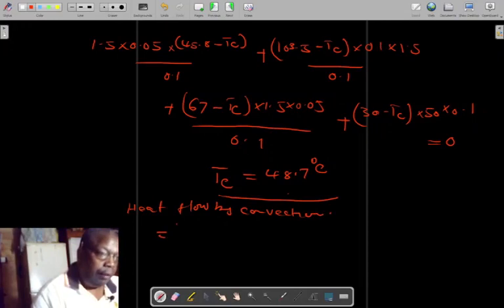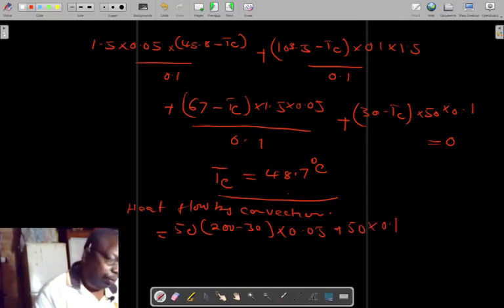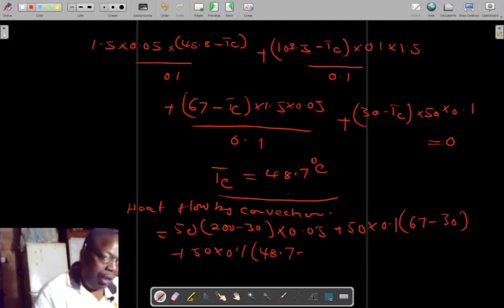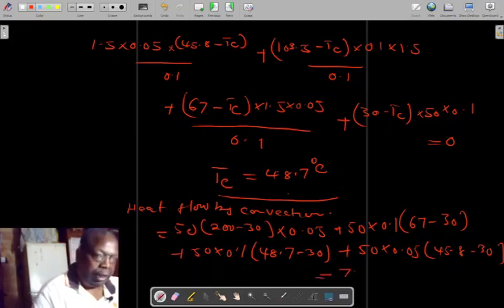And that will be equal to 50 times (200 minus 30) times 0.05, plus 50 times 0.1 times (67 minus 30), plus 50 times 0.1 times (48.7 minus 30), plus 50 times 0.05 times (45.8 minus 30), and that gives us a figure of 743.15 watts. Thank you.